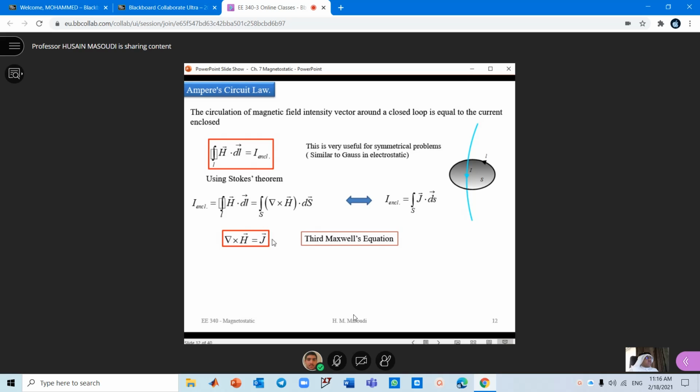Now, if I want to compare this to electrostatics, what is the equivalent of this expression in electrostatics? We did a Maxwell's equation equivalent to this one in electrostatics. Ammar? I don't remember it very clearly, but I think it was Q enclosed, and we used Gauss, I think.